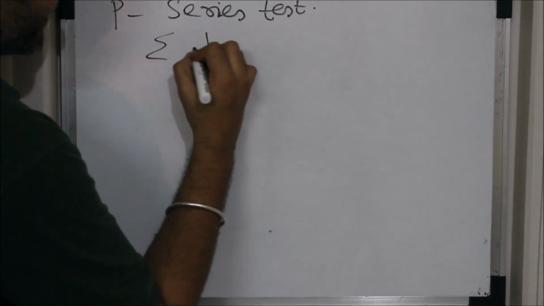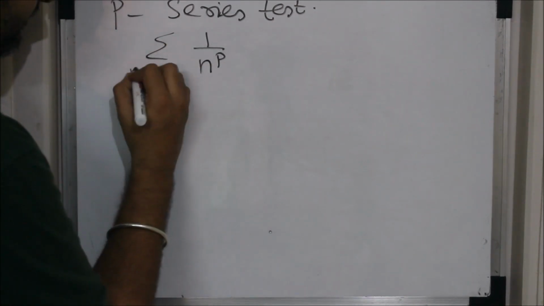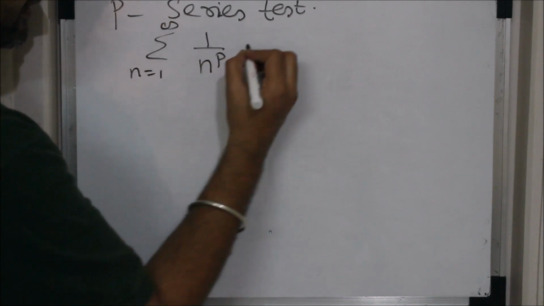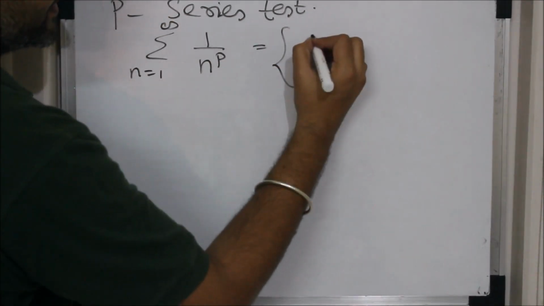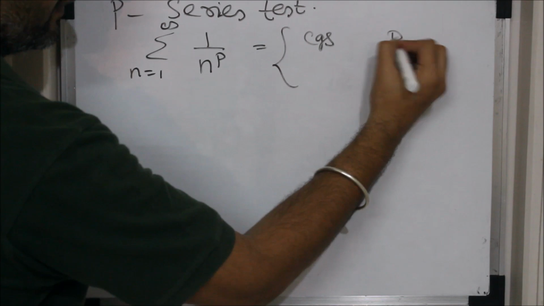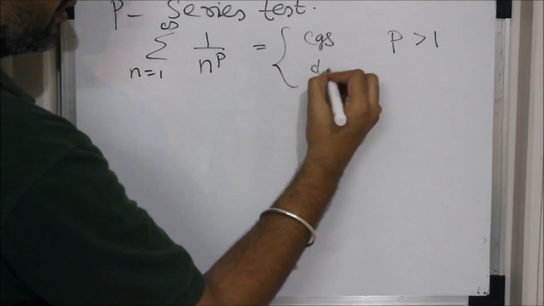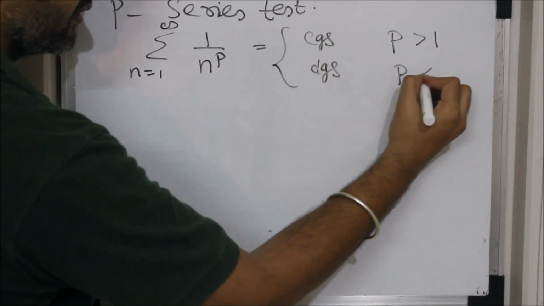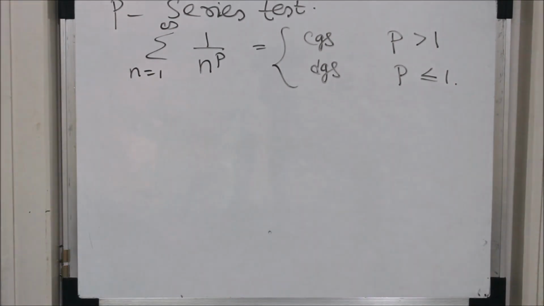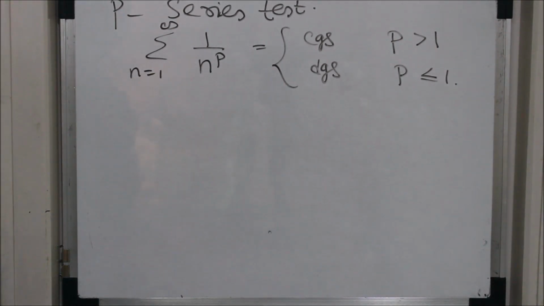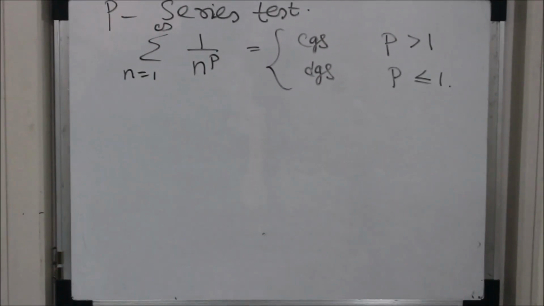It says that summation 1 upon n raised to p, where n is running from 1 to infinity, converges for p greater than 1, diverges for p less than or equal to 1. So this is what we want to prove. This is the main goal of this test, to prove the P series test.